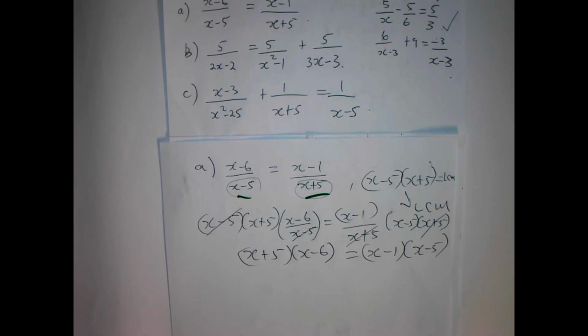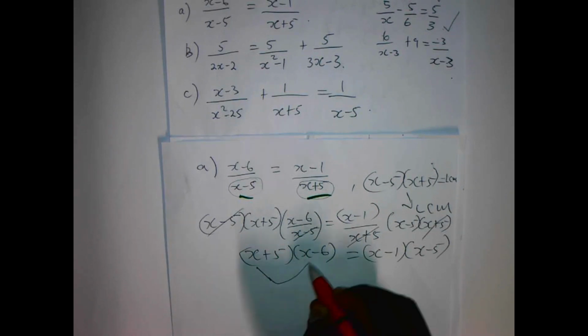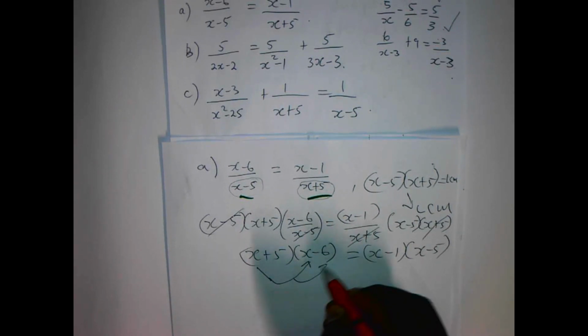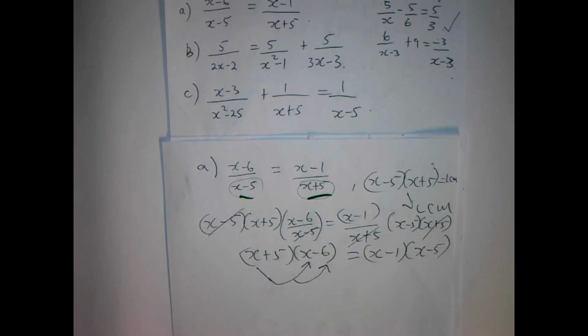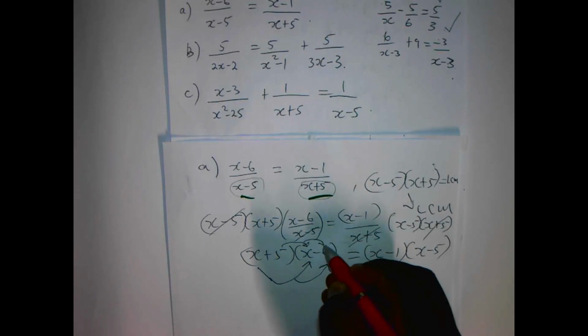So what are we going to do? We need to expand the brackets. We need to clear off the brackets. Expanding we have covered. Each term, x must multiply each term in the next bracket, and also 5 must multiply each term.